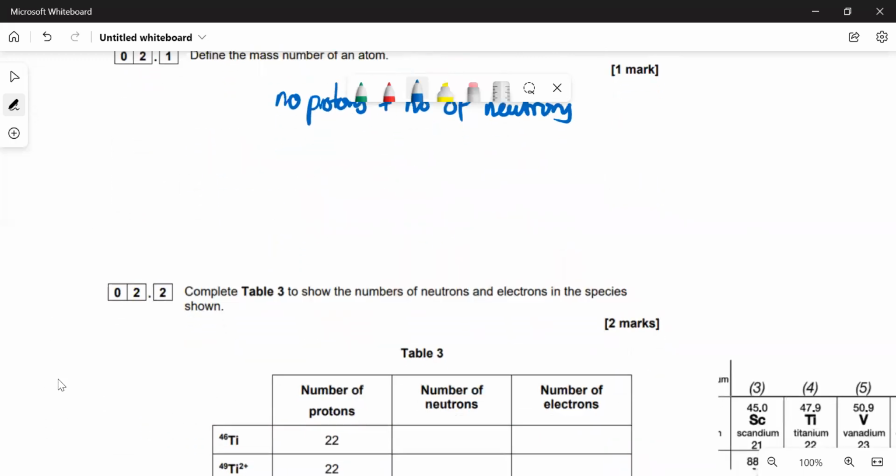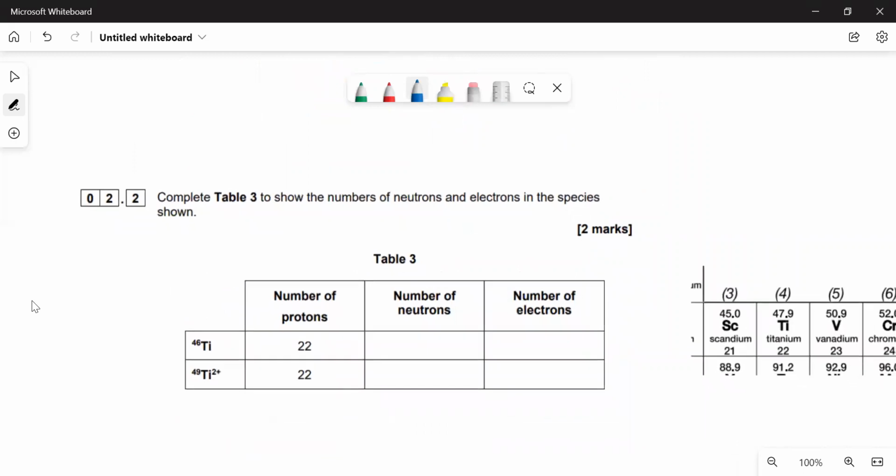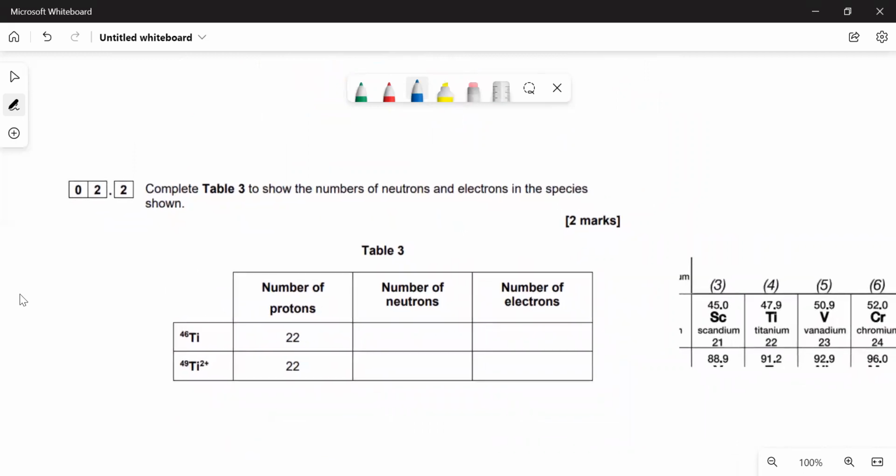Right, now we have got some subatomic particles. Again, there's not really much here that you don't do at GCSE. Well, look here, the atomic number of titanium is 22, so it's going to have 22 protons. Well, they tell us that anyway. Right, 46 Ti, number of neutrons. How are we going to do that?